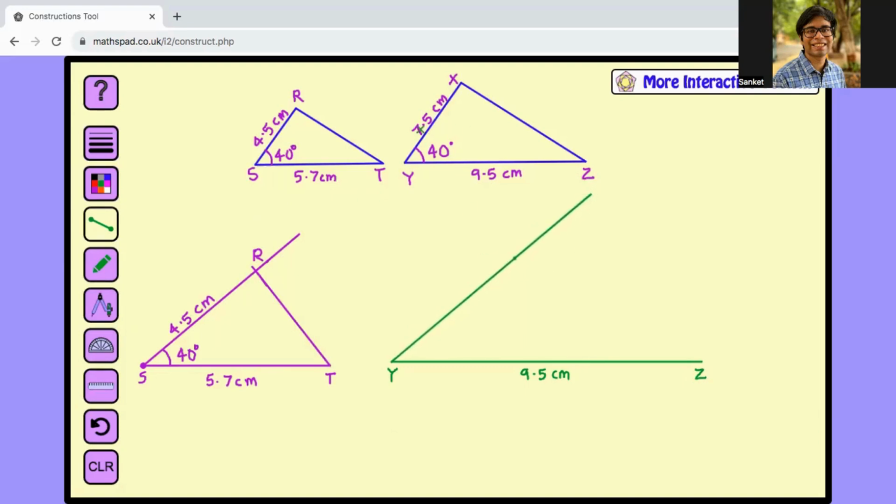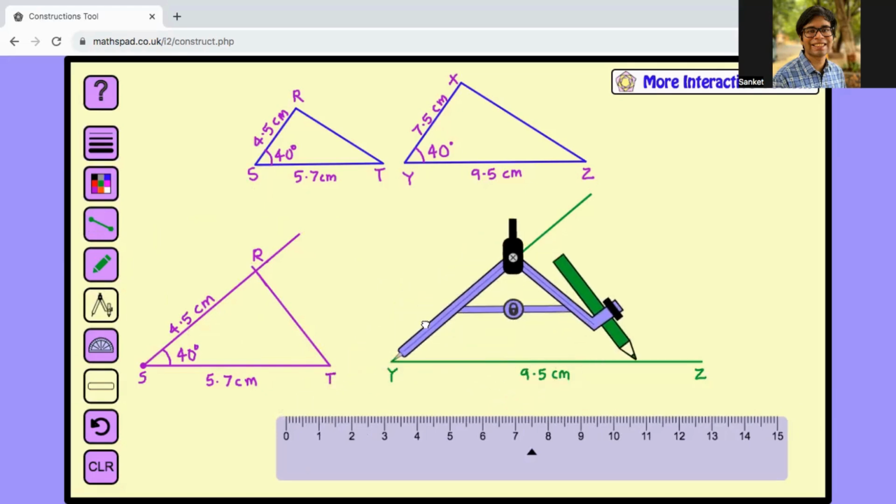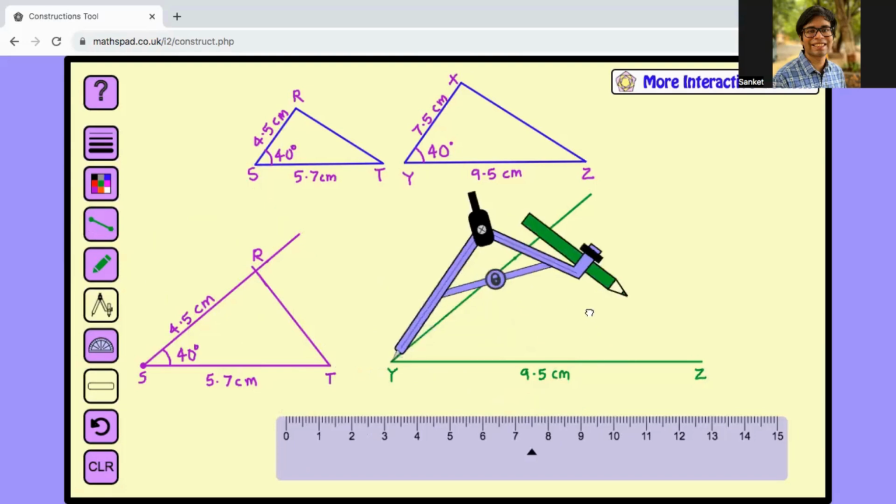Now I need to measure 7.5 over here so that I can locate point X. Going to need my scale. Take my compass. In my compass, measure 7.5 centimeter. Put my compass here.